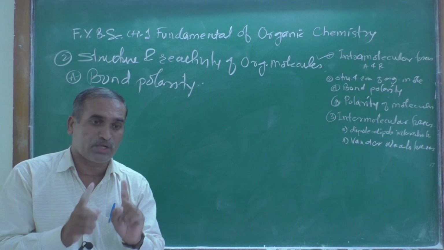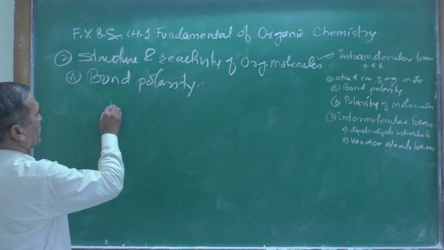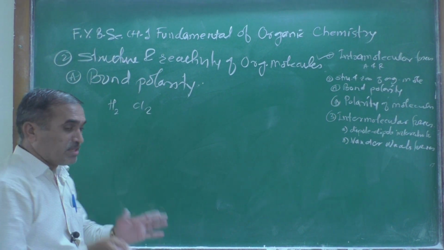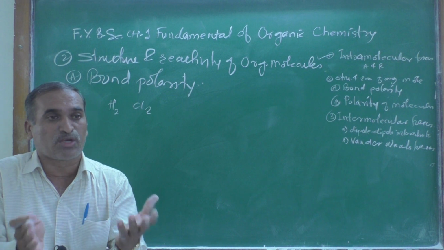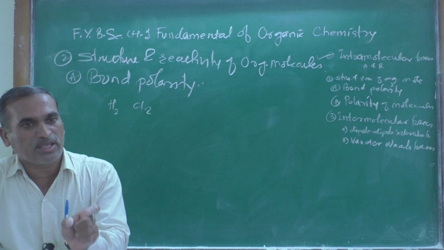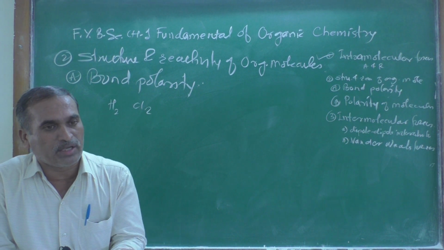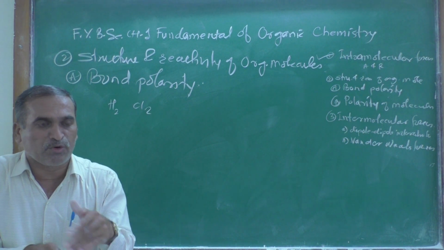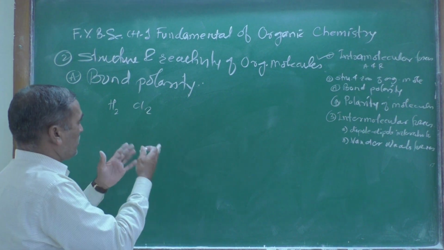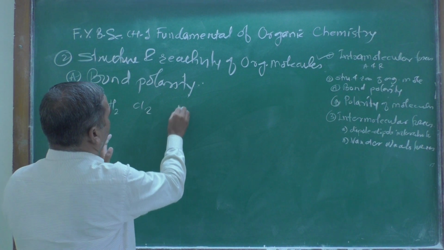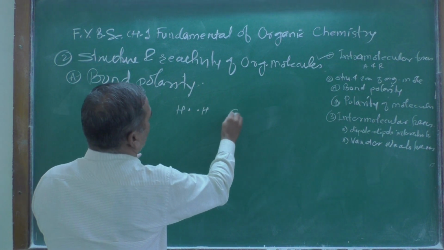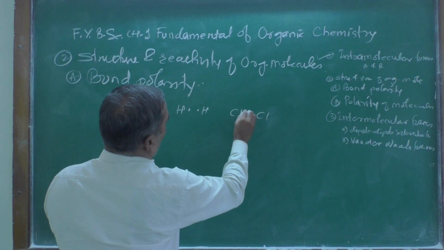Suppose we take an H2 molecule or Cl2 molecule. The sharing of electrons is equal, meaning these atoms share their electron pair equally, and therefore there is no charge separation. Each hydrogen shares one electron with the other hydrogen, similarly one chlorine atom with another chlorine atom.